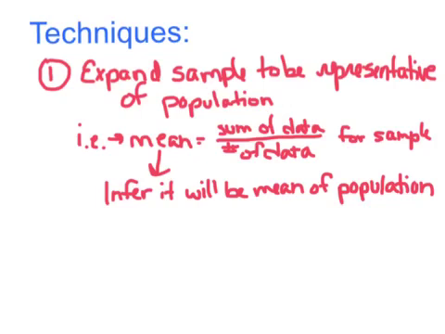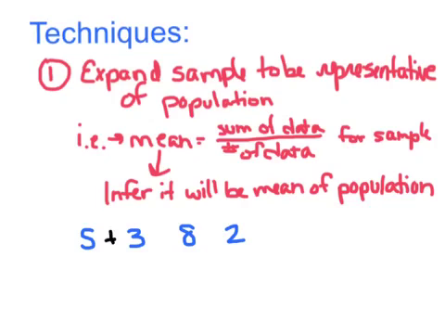So, for example, if I'm asked to find what's the average age of a group of people, what I'm going to do is find the average of my data set. So if I had numbers like, oh, what's 5? Somebody's 5, somebody's 3, somebody's 8, and somebody's 2.